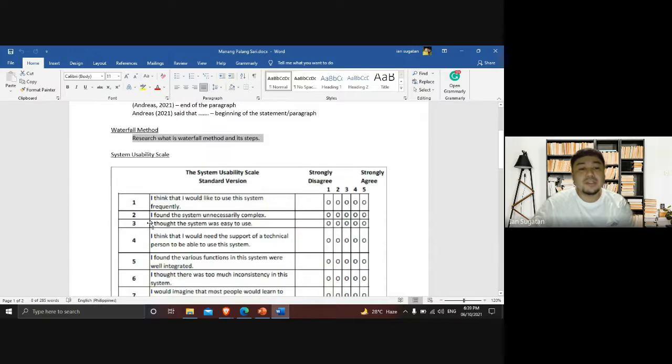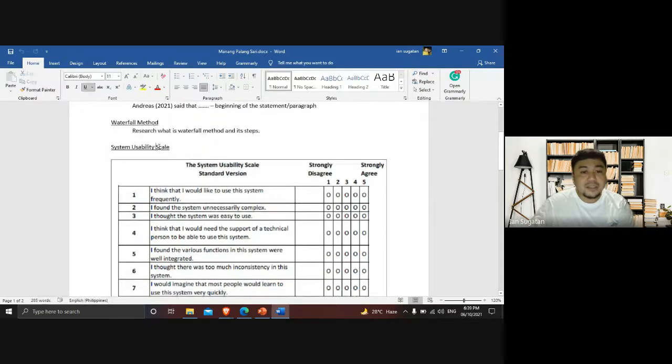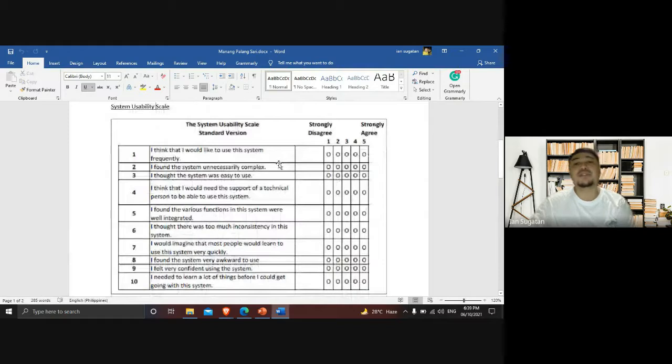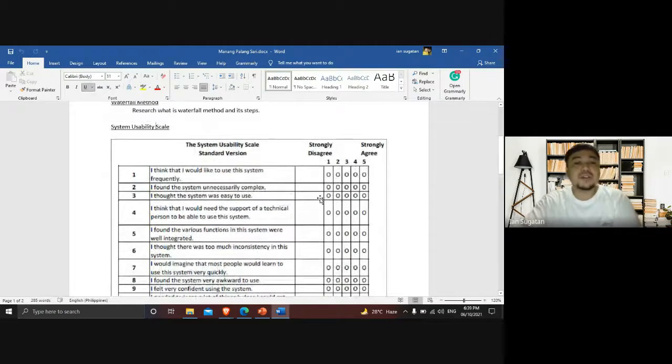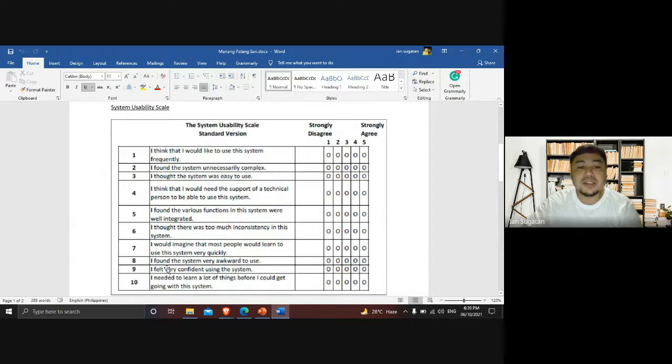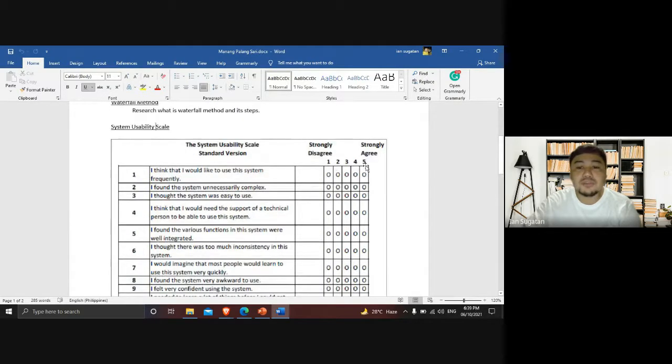Okay? And then for the system usability scale, I think as I've said, this is standard yung makita nyo sa internet. Actually, this is called system usability scale because may dyan ka mo nga pilian nga degree kundi ang degree nga daya ga determine kung paano pilion ka respondent ang mga statement nga ginbutang ninyo diya. So like for example, from 1 to 5, as 1 being the lowest is the strongly disagree on the statement, and 5 being the strongest agree on the statement.